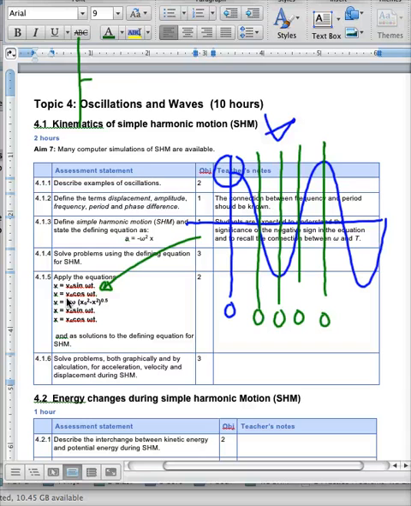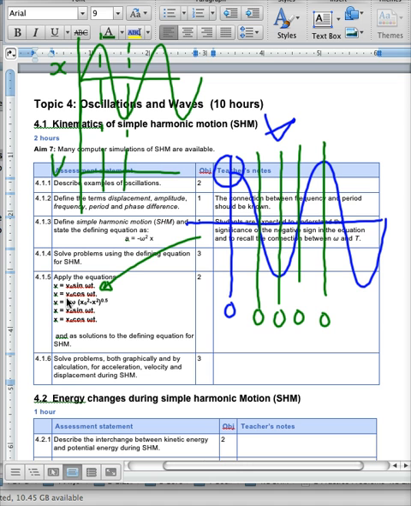So if this is our displacement doing this, velocity is going to be doing something like this, and then onwards. We could start looking at it here, or we could start looking at it here, for instance.